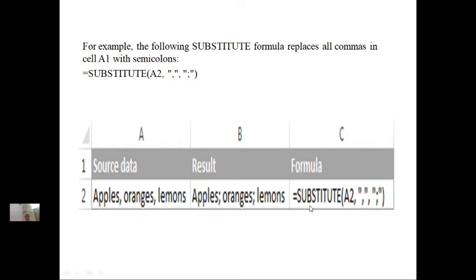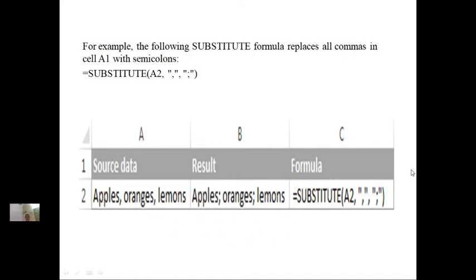In the formula he is writing =SUBSTITUTE(A2, ",", ";"). What he wants to do is replace the commas with semicolons. See what the result is: apples; oranges; lemon. Okay, I think, students, you have understood the SUBSTITUTE function.